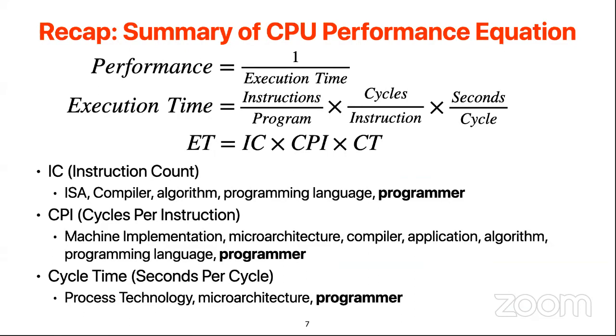So you can see there are basically three important factors in computer performance, and the programmer is the only factor that can affect all things within the computer performance equation. So that's why you guys are important.